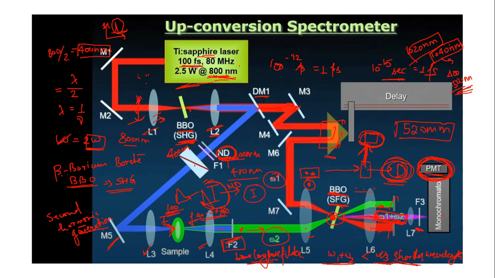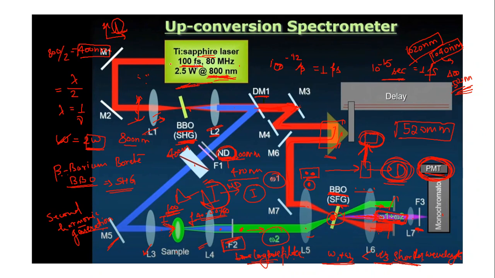This light source of 800 nanometer generally belongs to the visible or IR region, right? Now this has very low energy, and in order to excite a sample, say for fluorescence, you do not need 800 nanometer light. You need somewhat more than that.